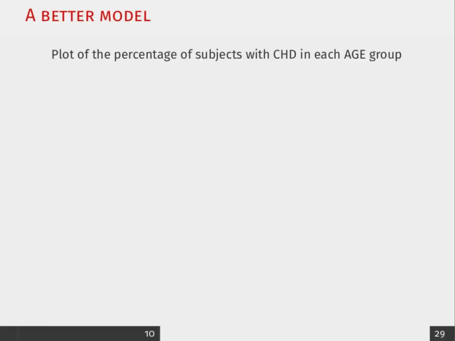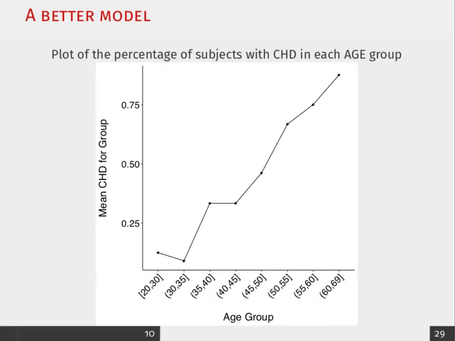Now, when we look at that in a plot, we can see, again, for that age group from 20 to 29, we have a very low proportion of respondents or patients that have CHD. Now, as we see, as individuals get older, the mean or the average CHD for those individuals goes up.